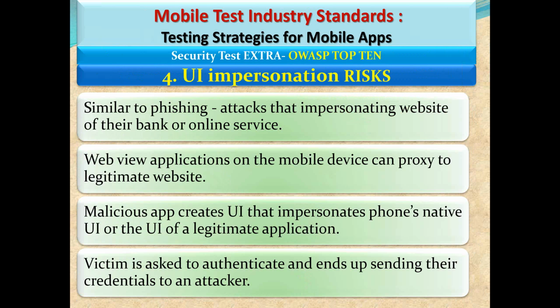So malicious apps can create a UI that impersonates that of the phone's native user interface or the user interface of a legit application. So what happens is the victim is asked to authenticate and ends up sending their credentials to the attacker.